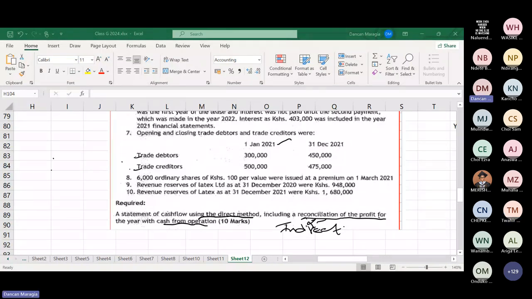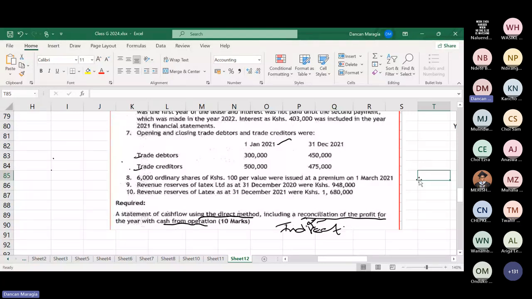So receivables. And by the way, what is the logic behind this? I remember explaining last time. Debtors are people who owe you cash, correct? So if the amount of cash owed to you has increased, last year a friend owed you 300,000, this year the friend owes you 450,000.